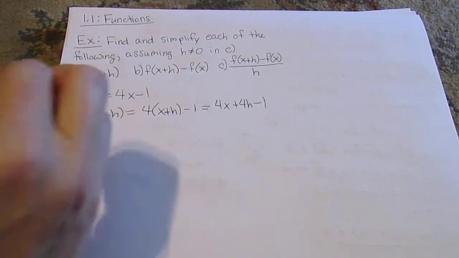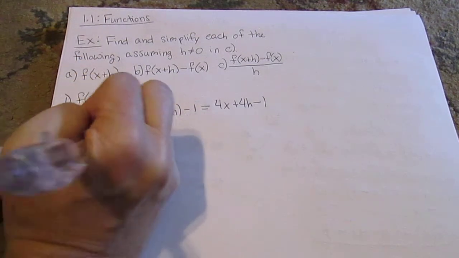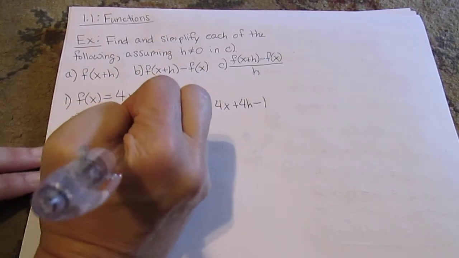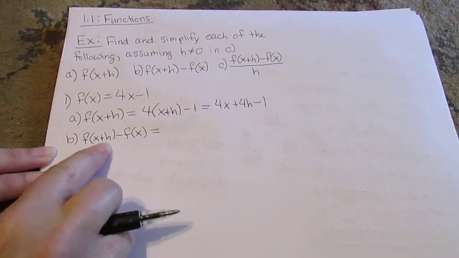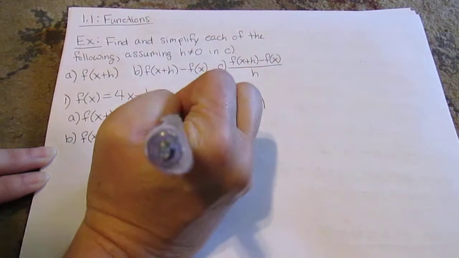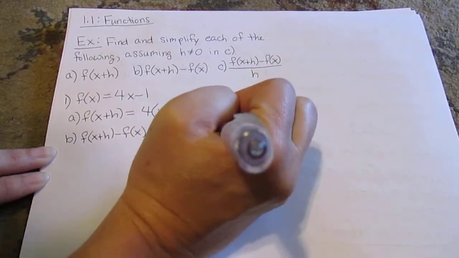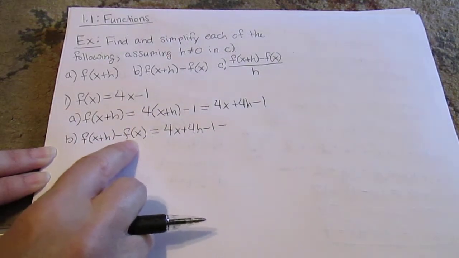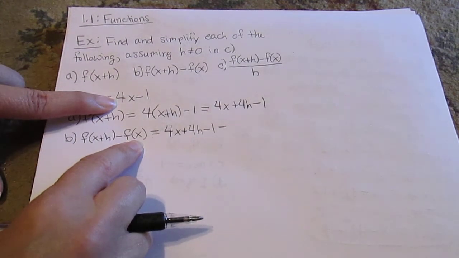So let's do the next part, part B. We're taking f of x plus h minus f of x. Okay, well, that's what we just did in the last part. So I'm going to copy down what I got, 4x plus 4h minus 1 minus, and then they want us to subtract what they gave us to begin with, f of x. So 4x minus 1.